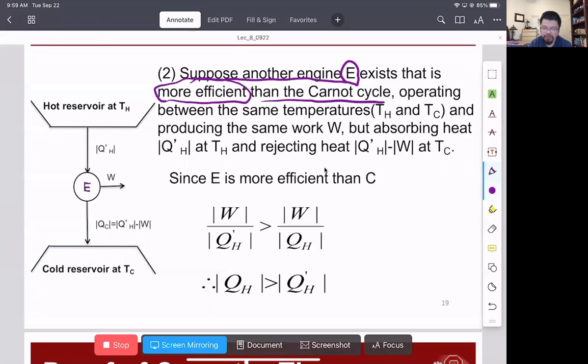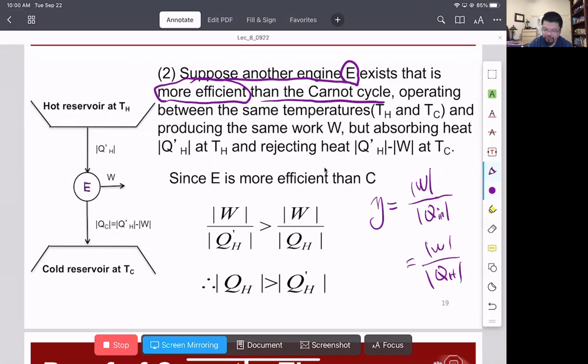And that engine is still working between the same conditions, TH and TC. And in order to achieve a better efficiency, we need to look at the efficiency definition, which is work out over Q in, or QH, right?